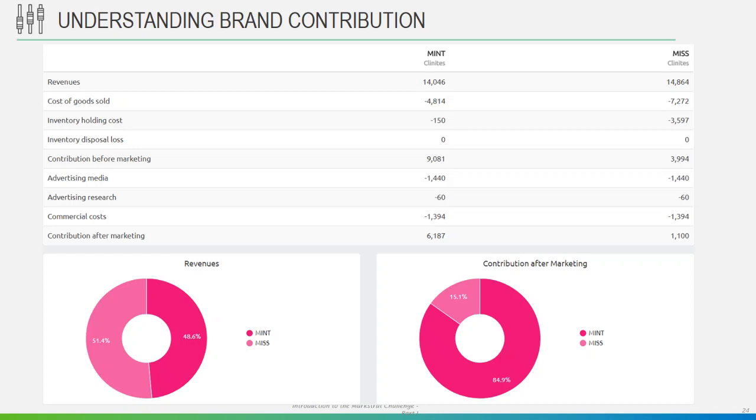We also subtract out the cost of advertising and the cost of the commercial team to arrive at a final contribution after marketing. You could argue that the advertising is fixed, and technically it is, but in the language of the simulation, we're going to treat those as we would a variable cost. So you want to try to maximize contribution after marketing as much as you can.